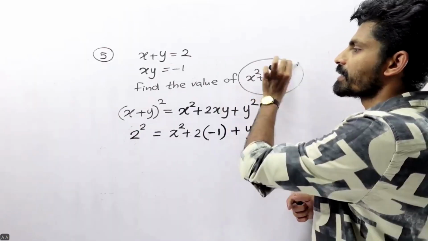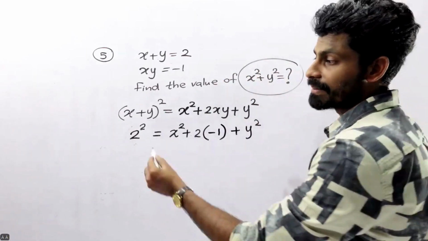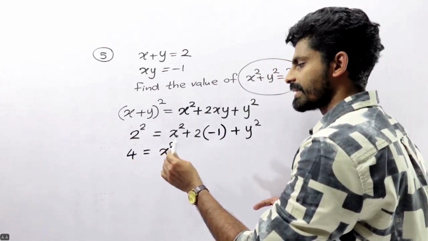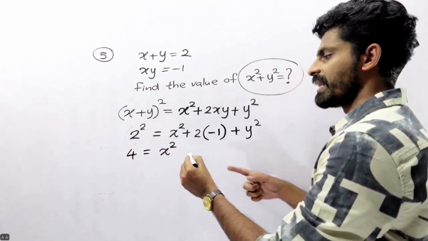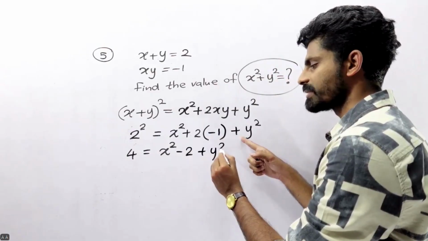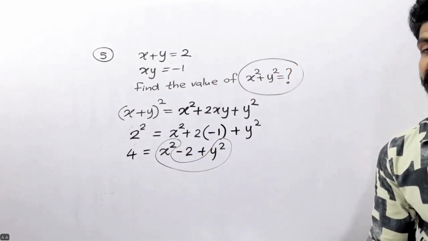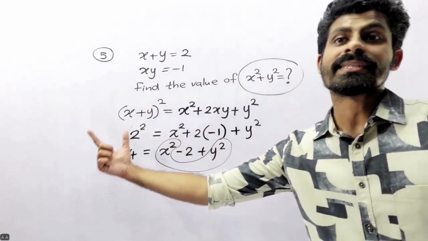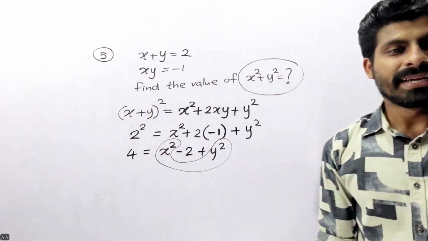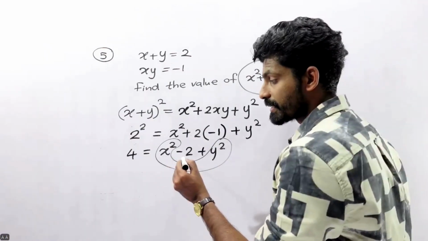So we need to find the value for x squared plus y squared. 2 to the power 2 means 4, x squared. 2 multiplied by minus 1 is minus 2, plus y squared. Then minus 2 moving to the other side, minus 2 converts to plus 2.